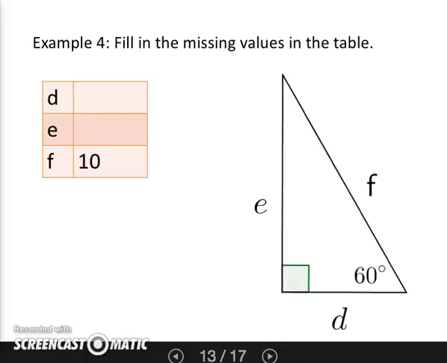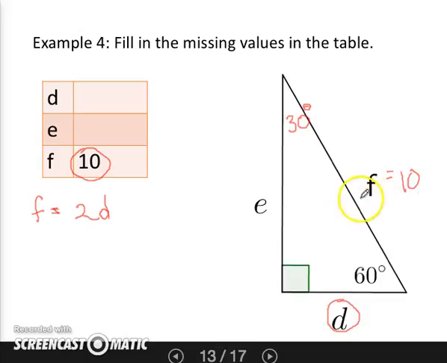Okay, let's do another example with a 30, 60, 90 triangle. Again, we know that this angle is 30, that's 60, and that's 90. This time we're given the measure of the hypotenuse, F equals 10, and we're asked to find the measures of the two legs. So our theorem has told us that the hypotenuse measures 2 times the measure of the shorter leg.